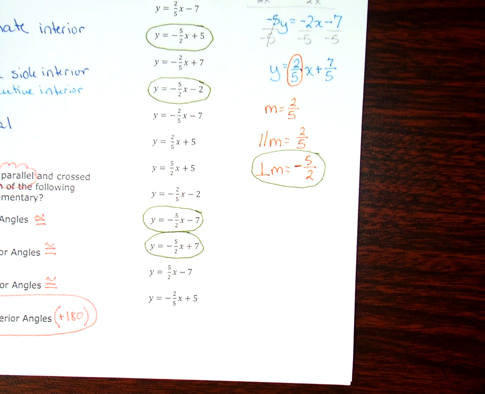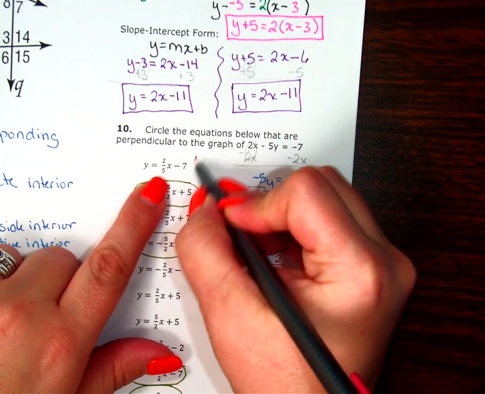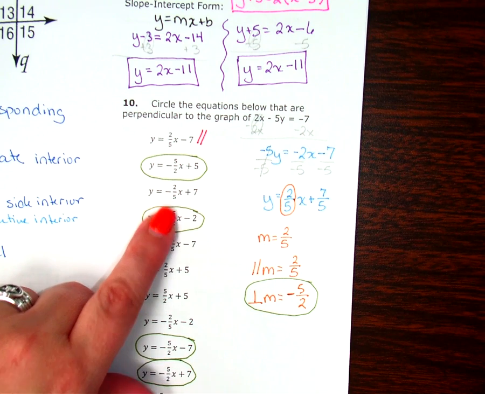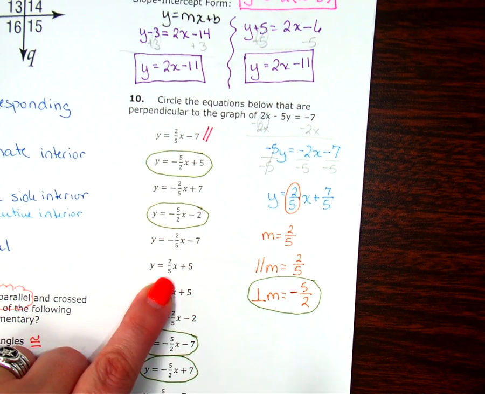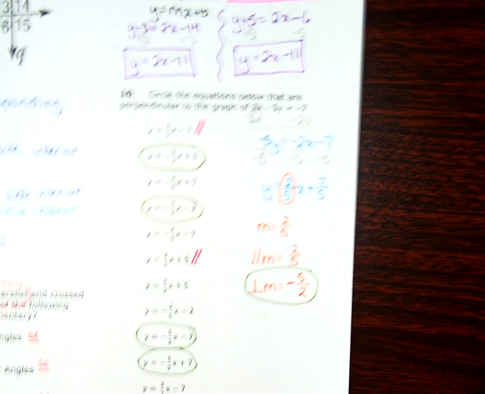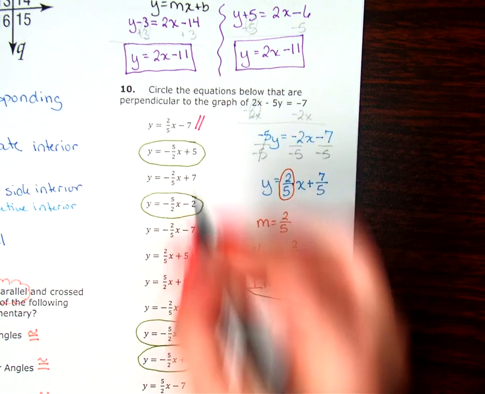Okay? Now, I know it didn't ask me to, but I'm also going to point out, do we have any parallel lines? Parallel lines would be 2/5. So this one is parallel. This one is close, but it's negative 2/5, and we want positive 2/5. This one is parallel, positive 2/5. So I only have 2 lines that are parallel. Every other line there would be considered oblique.